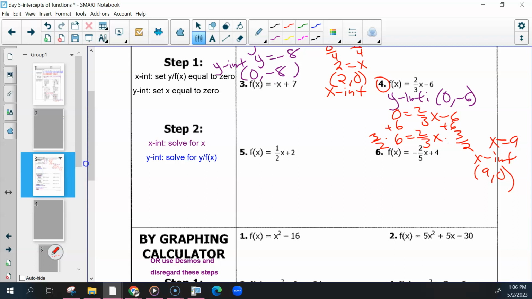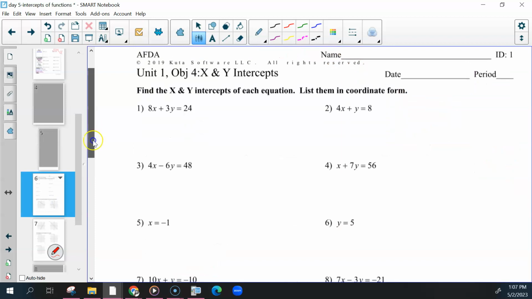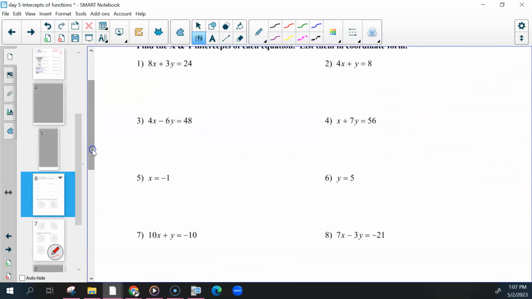The next section is strictly finding x and y intercepts on the calculator. Are there any of those we want to see you go over and review? Use the table on that, right? Mm-hmm. If not, go on to the next page. One through 10 are more algebraic ways to find your x and y intercept.